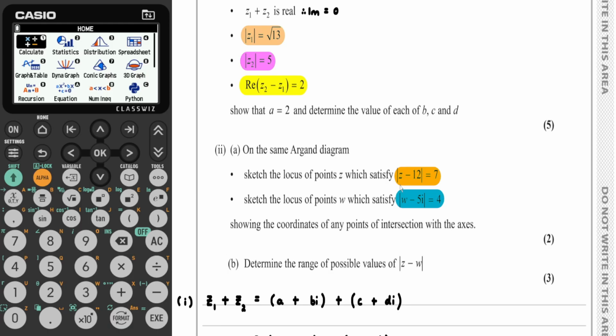If we take a look at the first equation, we have a circle with center 12, 0 and radius 7, and if we take a look at the other equation, we have a circle with center 0, 5 and radius 4.